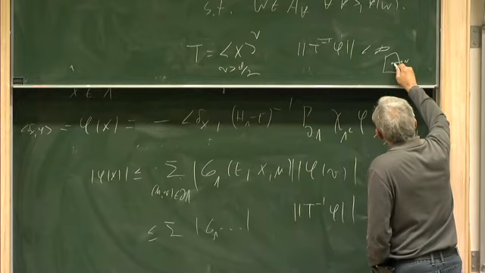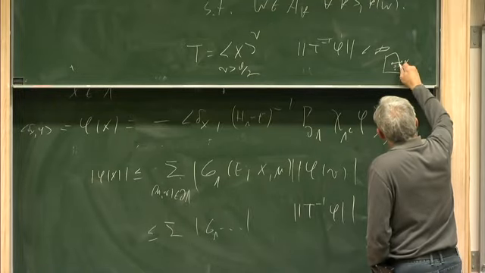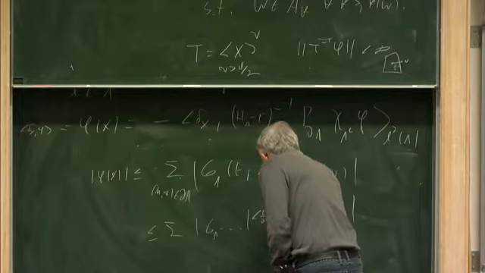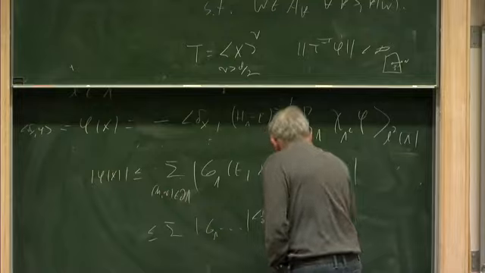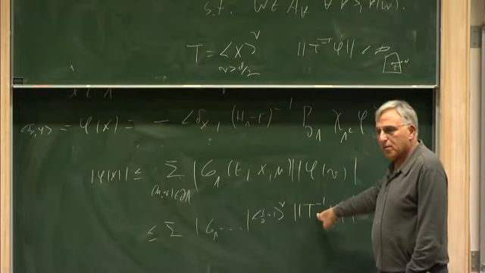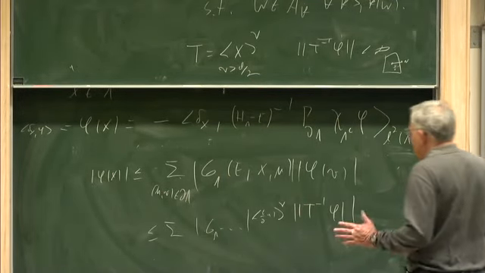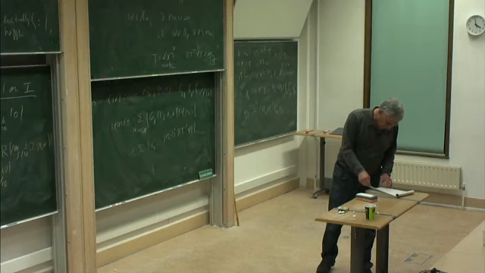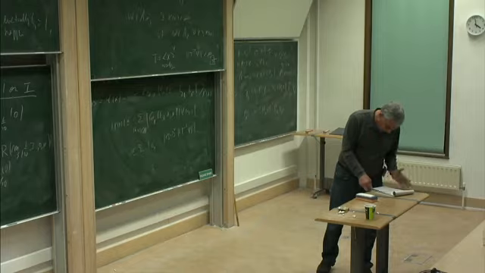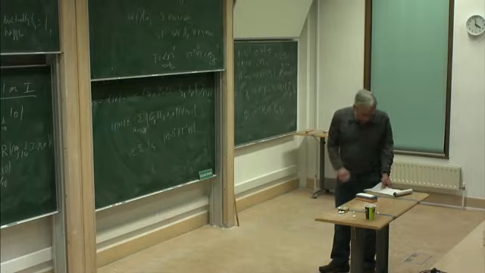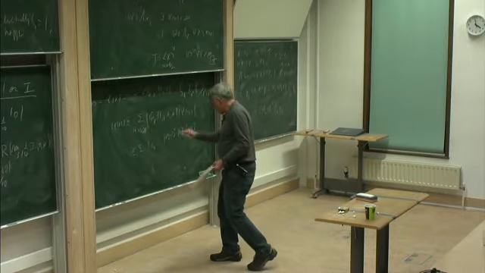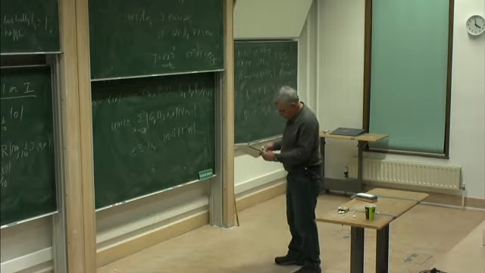So this distance is L over 2 plus 1. So here I should put a factor of L over 2 plus 1 to the power nu to compensate by putting the T here. But this is finite. Okay, now this is fine. This is fine. Or, and if you prefer, this is fine. So now we're going to use it.